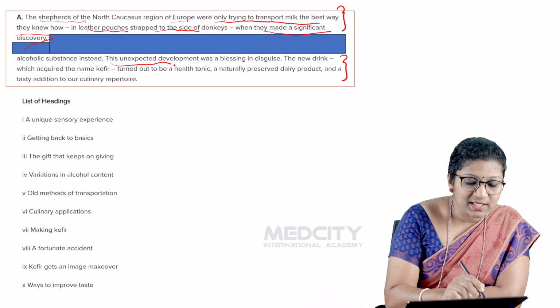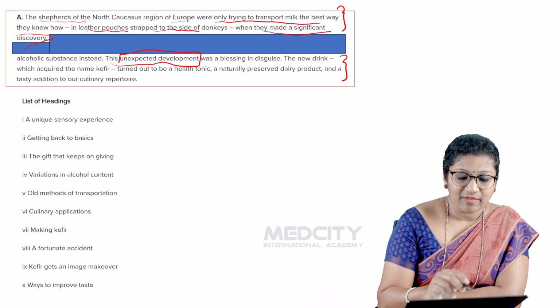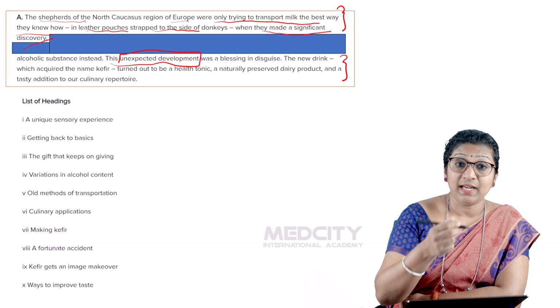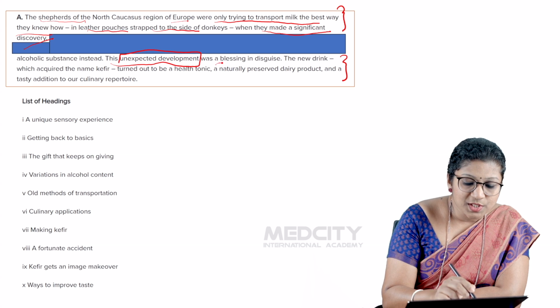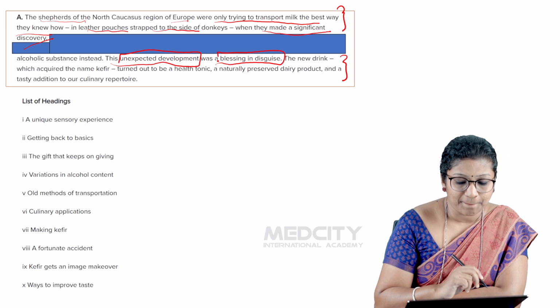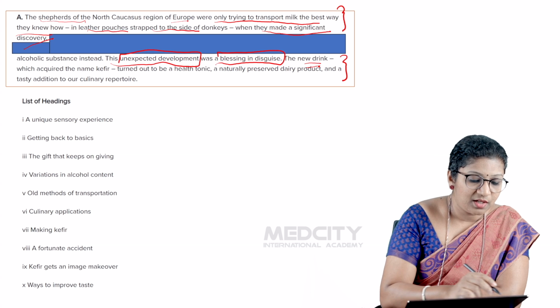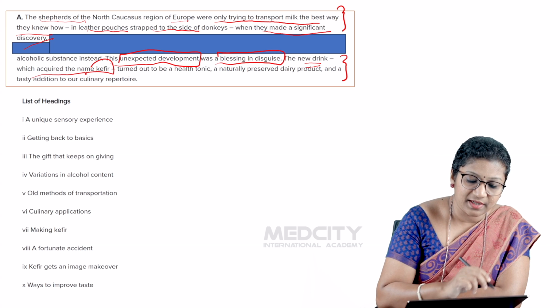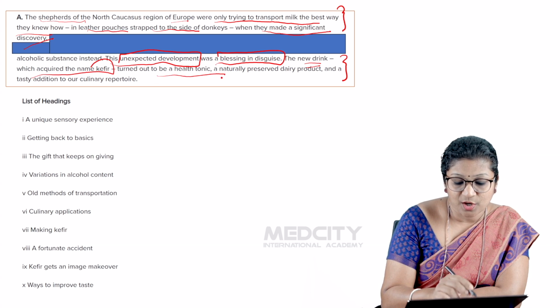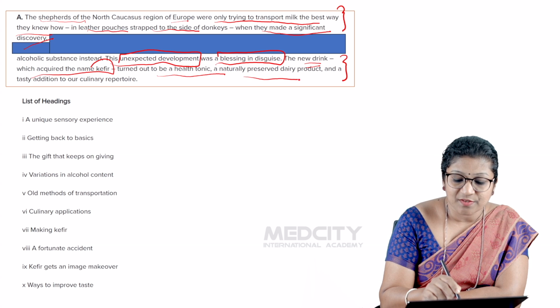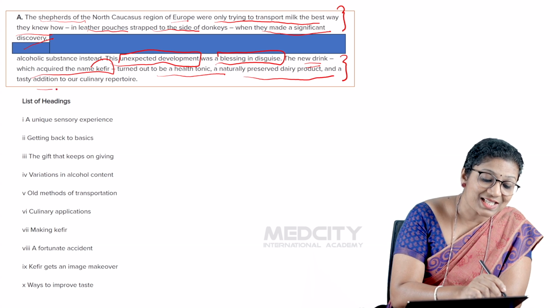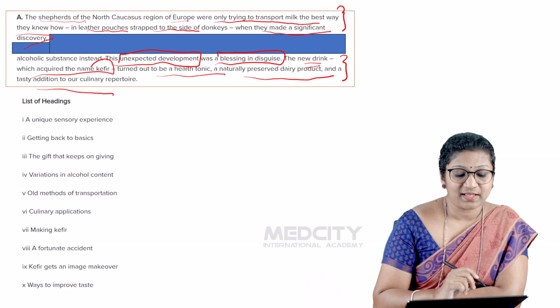This unexpected development was a blessing in disguise. The new drink, which acquired the name Kefir, turned out to be a health tonic, a naturally preserved dairy product, and a tasty addition to our culinary repertoire.